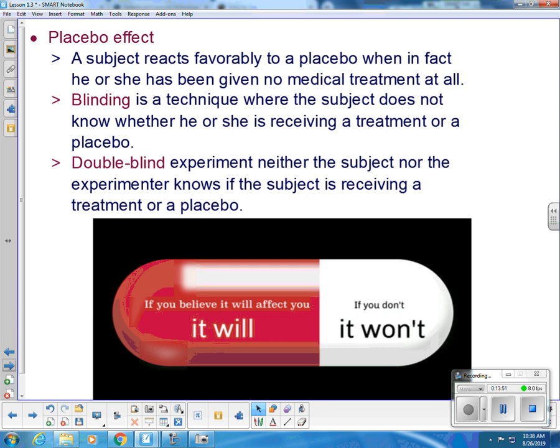Because sometimes if you know who's getting the placebo, you might act differently towards them. Okay? They may notice a little difference in how you're treated if you know they're getting a fake drug. Okay? So a double blind, neither the subject nor the experimenter knows who's getting the treatment and who's getting the placebo.